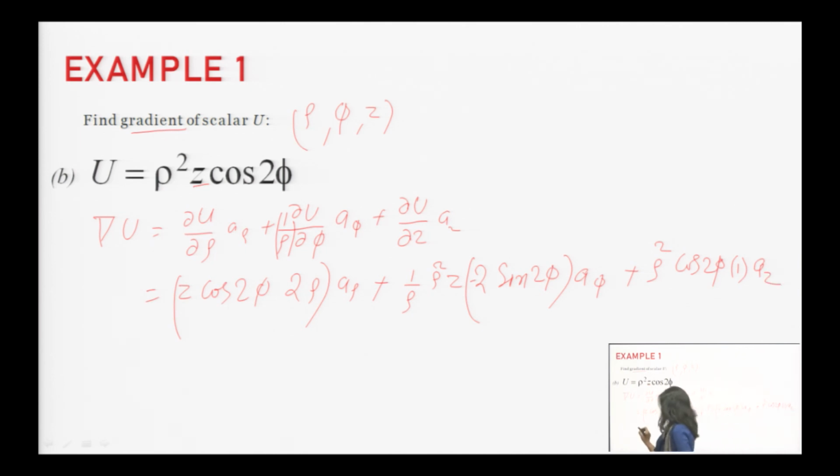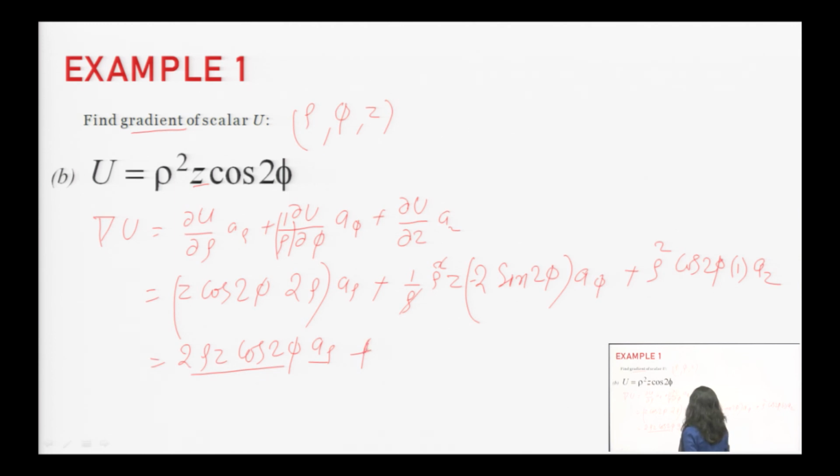Let us simplify this a little bit. So this is 2 rho z cos 2 phi a rho. This is the magnitude, this is the unit vector, plus here rho and this rho will cancel out and this minus sign will appear here.